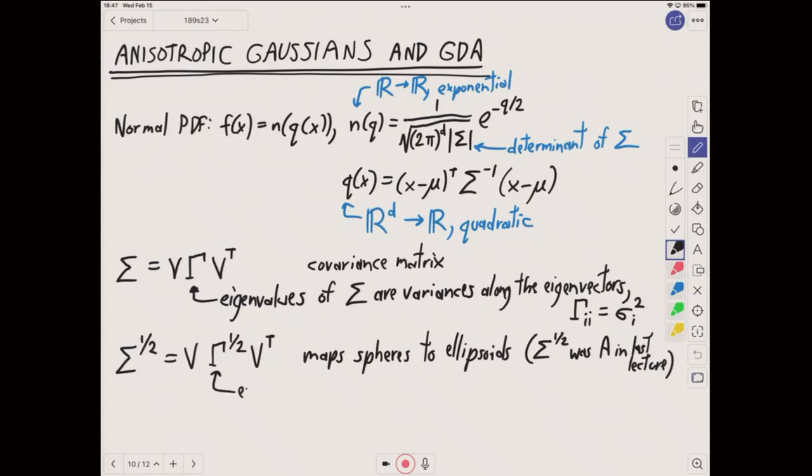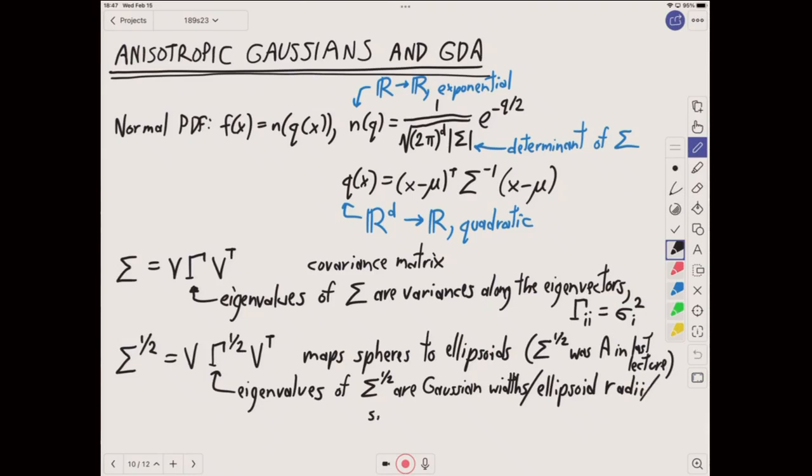And so these eigenvalues are the eigenvalues that were in capital lambda last lecture. These are the eigenvalues of sigma to the 1/2. You can think of these as the widths of the Gaussians, or as the radii of the ellipsoidal isocontours along each of the eigenvector directions.